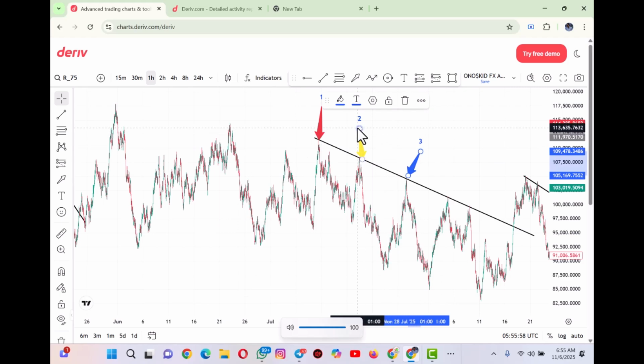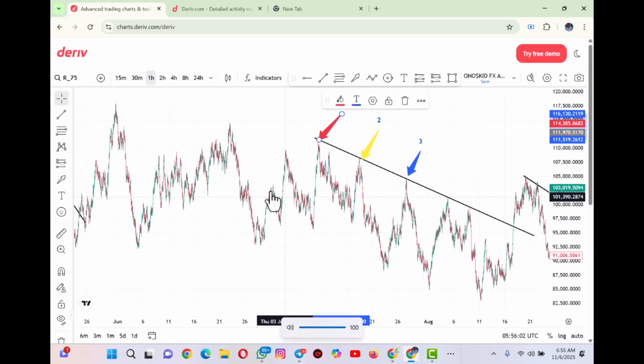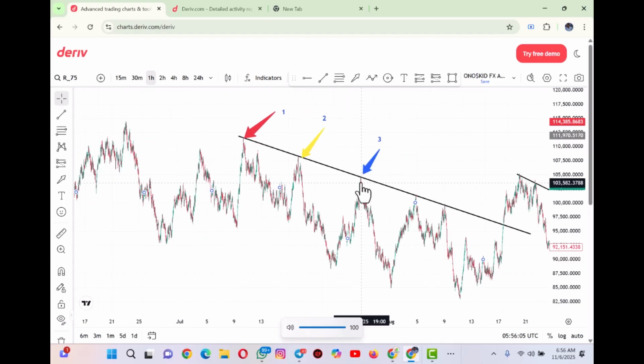So you can see we have our first touch, second touch, and third touch. All right. So this area here becomes what? Our point of interest. Now we want to look out for a sort of resistance.